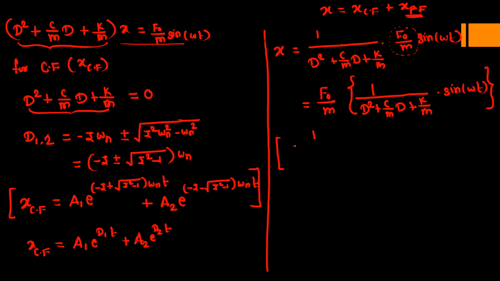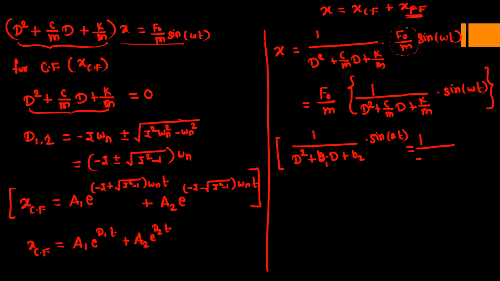If you have a quadratic D operator equation, which is D square plus some constant b1 into D plus constant b2, into sine at, then we can write its solution by just replacing D square by minus a square.